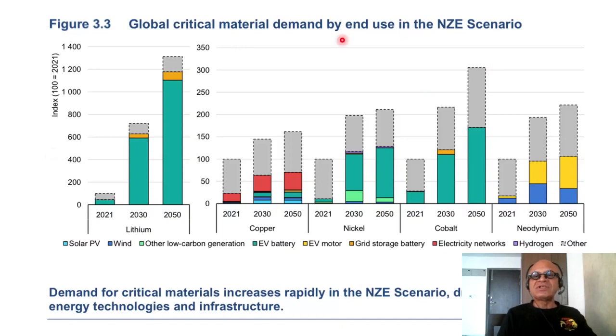Global critical material demand by end use in net zero emission scenarios here. Lithium, copper, nickel, cobalt, and neodymium going from 2021 to 2030 and 2050. And we are looking at critical material demand by solar PV, wind, other low carbon generation, EV batteries, EV motor, grid storage battery, electricity networks, hydrogen, and so on.